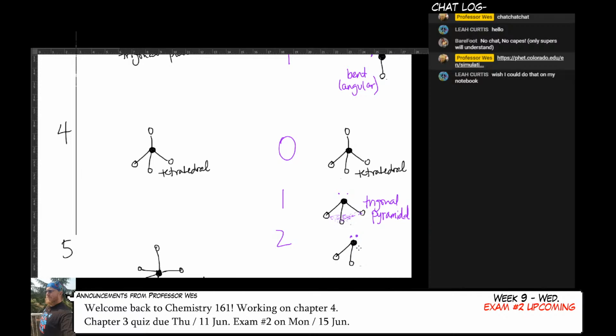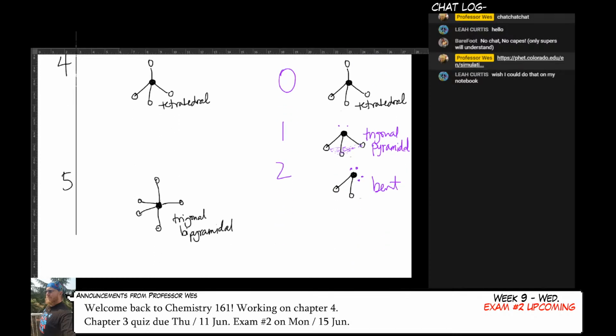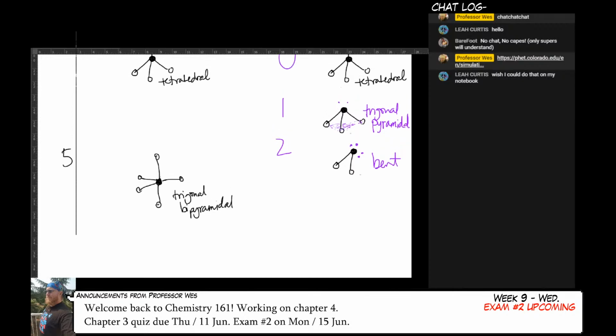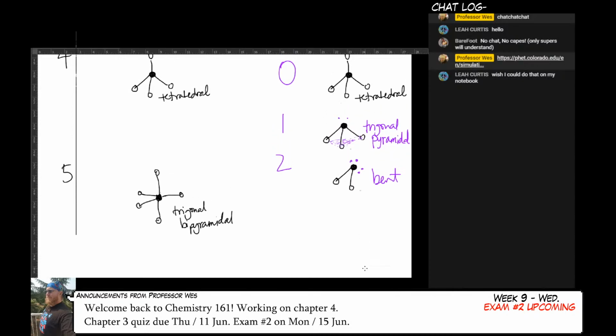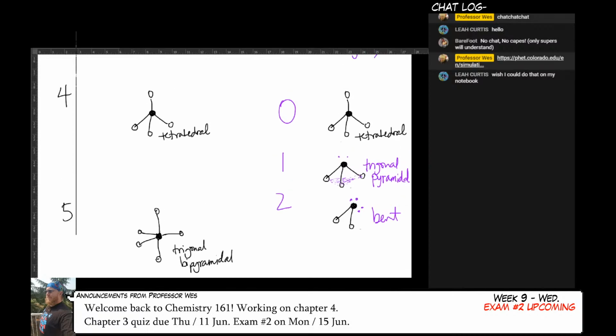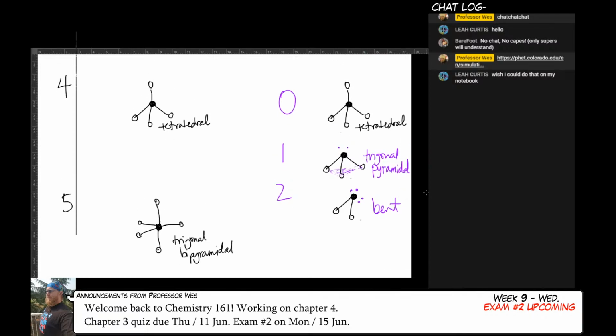And we'll put electrons in both of those positions. And now what we have is another bent line. It's not linear. It's bent. You can call it angular, but don't call it angular. Call it bent. All right, so those are the molecular shapes for 4 electron domains.